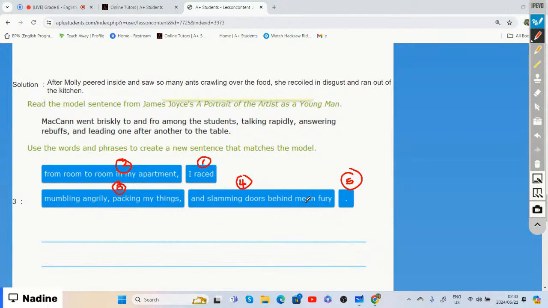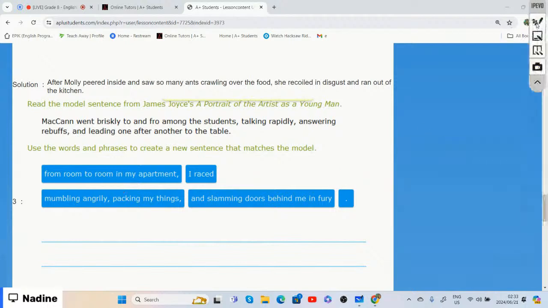Because instead of just saying, I raced from room to room in my apartment in fury, they are describing how he really felt and what he basically did. Yeah, so number one is I raced. Well done. So I raced from room to room in my apartment, mumbling angrily, packing my things, and slamming doors behind me in fury.